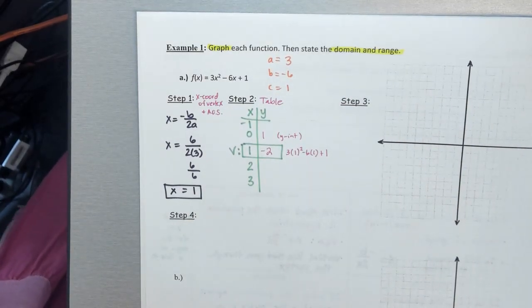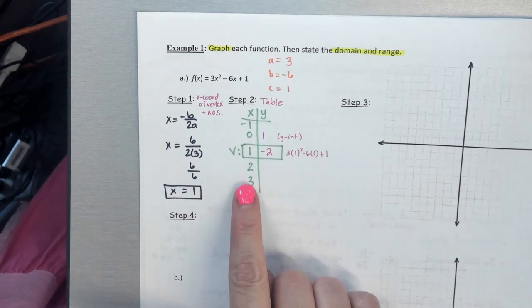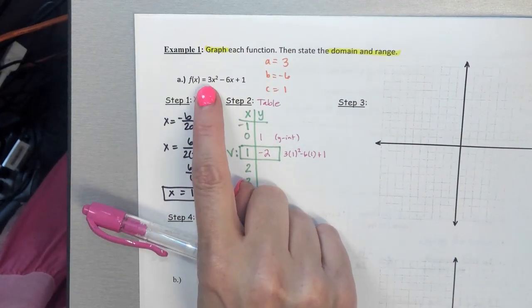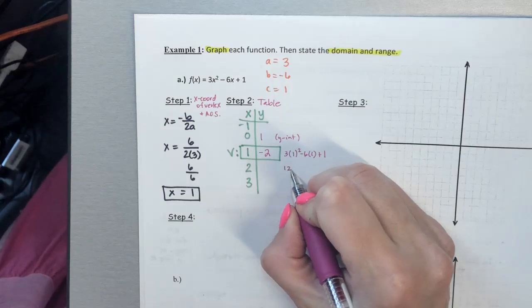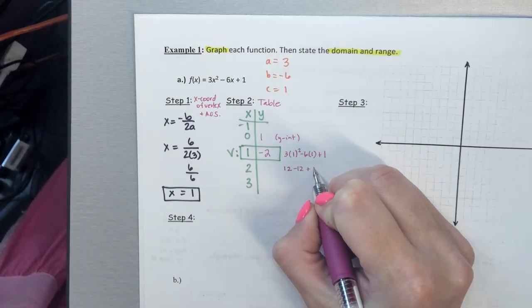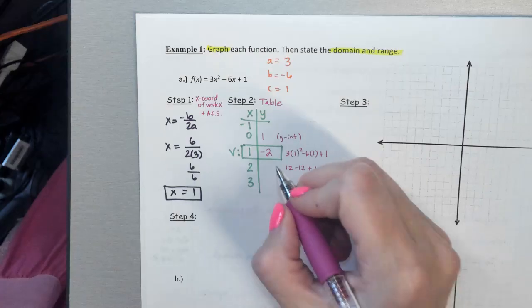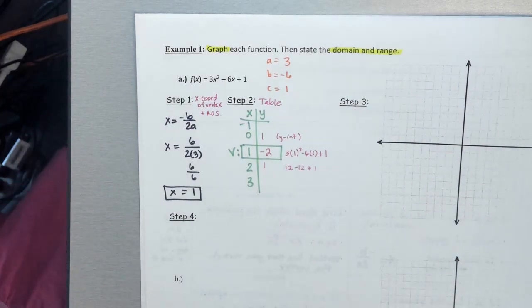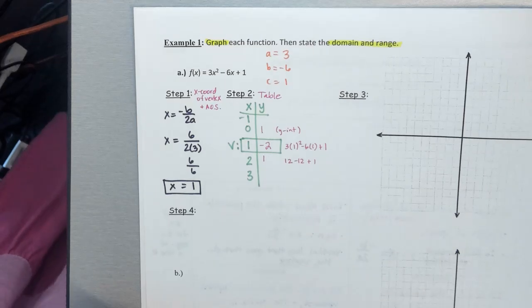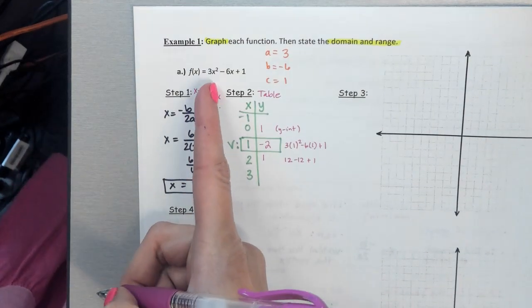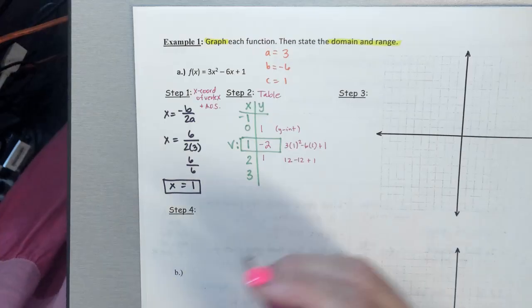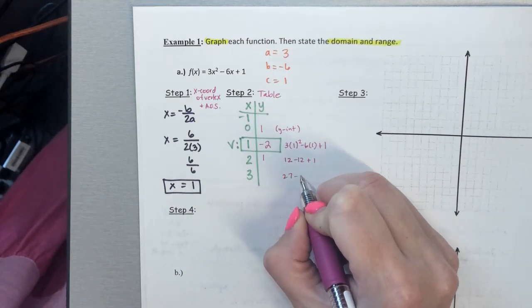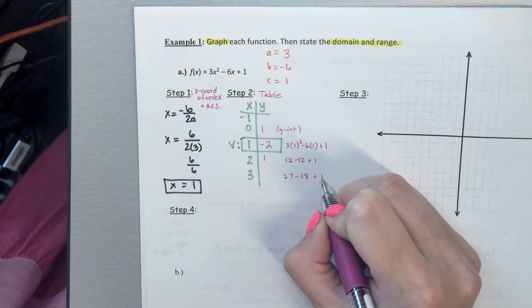Again, I would just do a mental math check, or sometimes I'll do like 2 squared is 4. 4 times 3 is 12, so I'll write down 12 minus 12 plus 1. I'll just write that part down if I'm doing it on a no calculator section. Then 3 squared is going to be 9. 9 times 3 is 27, minus 18 plus 1.